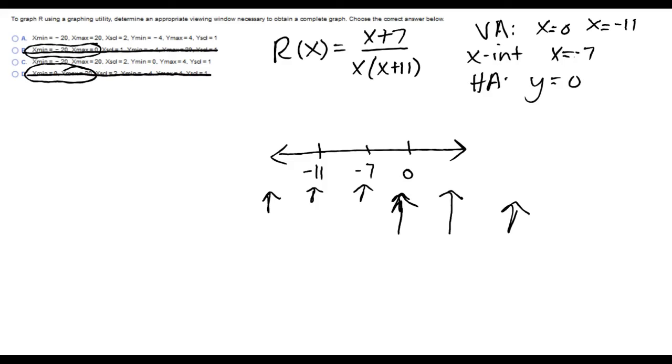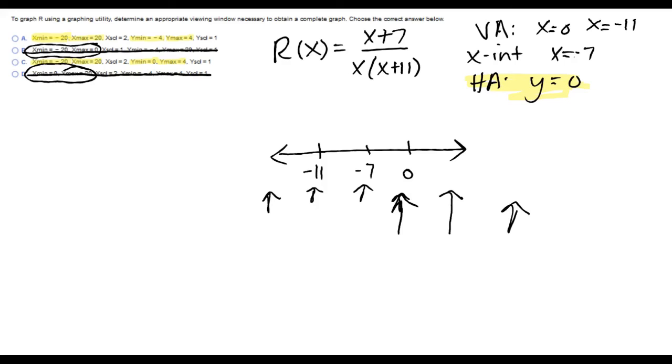I kept the other two choices because they have an x-min from -20 to 20, and that would contain all of the vertical asymptotes and x-intercepts. So then let's decide between the y scale. This y scale goes from -4 to 4, and this y scale goes from 0 to 4. Our horizontal asymptote is at 0.